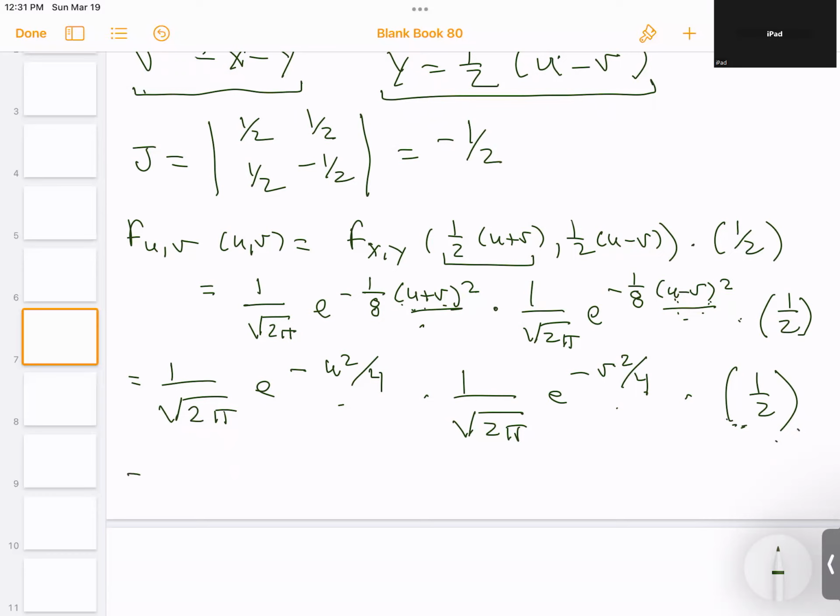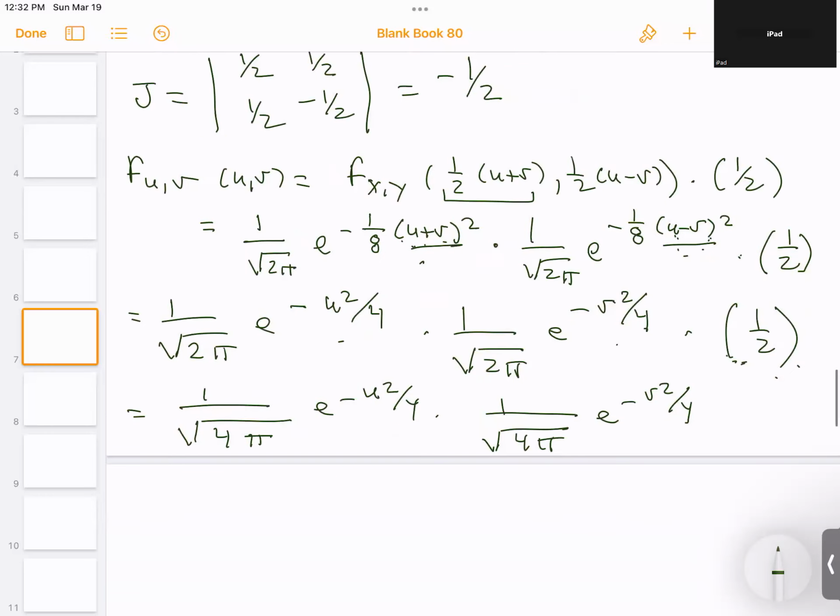So you can see you just need to split this half equally in here and in here, and it should come in as a square root of 2 in each piece, right? So I have 1 over the square root of 4 pi, e to the minus u squared over 4, and that's for all u, v in R2.